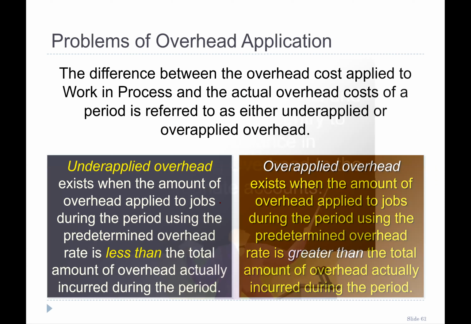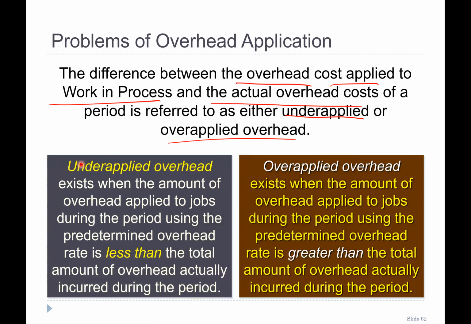Here we go. So what is under applied overhead? Under applied overhead exists when the amount of overhead applied to a job during the period using the predetermined overhead rate is less than the total amount of overhead actually incurred during the period.